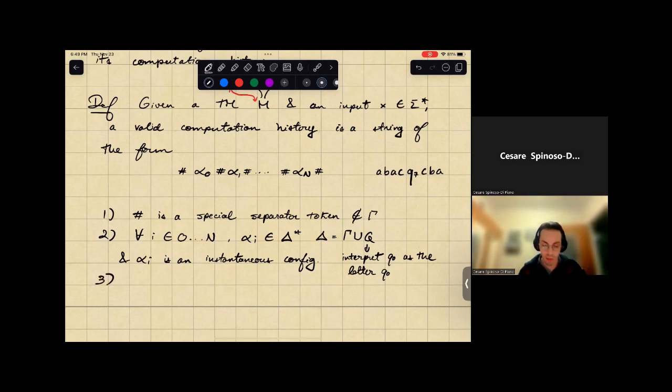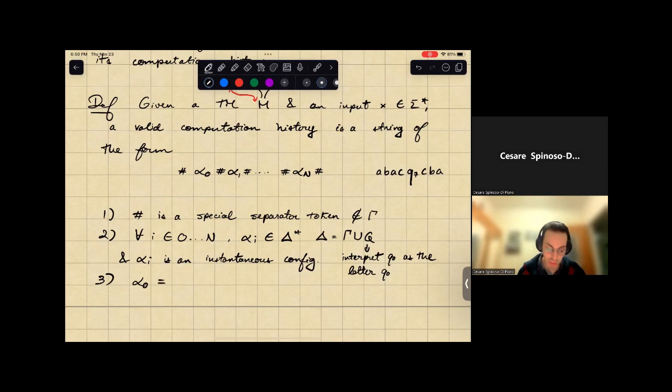The third rule of this whole string: we're defining what the rules are for this string to be a valid computation history. These are the first two. The third one says that alpha 0 and alpha n, those two alphas, have a special form. Alpha 0 has to be the starting instantaneous configuration.